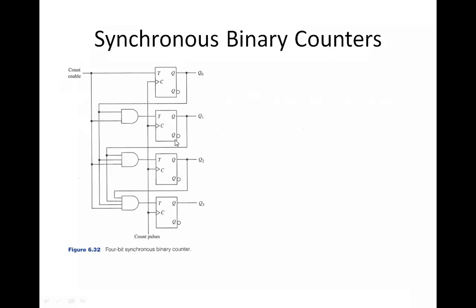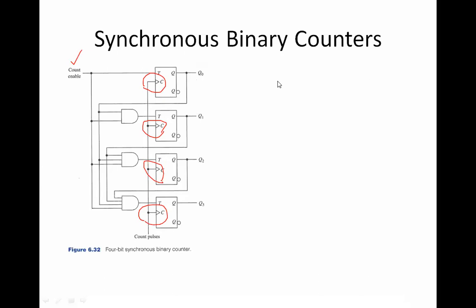In the previous configuration, we saw that these clocks were driven by the previous output. But here we see that it is just connected to the same clock pulse, just like your first flip-flop. So as soon as I give a clock here, immediately I can see changes in all of these flip-flops.